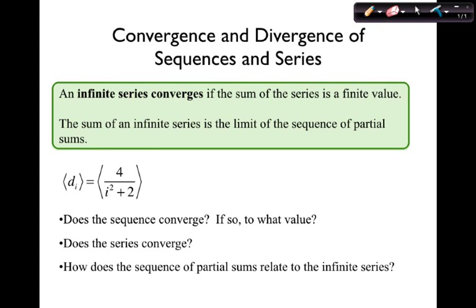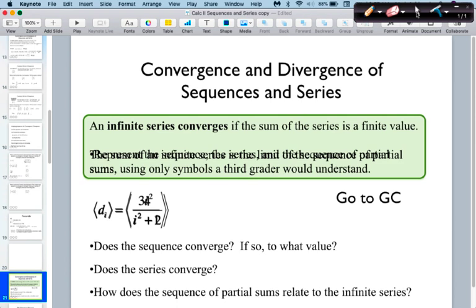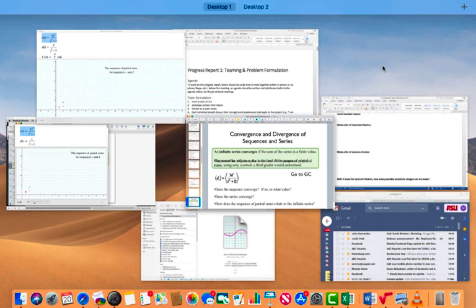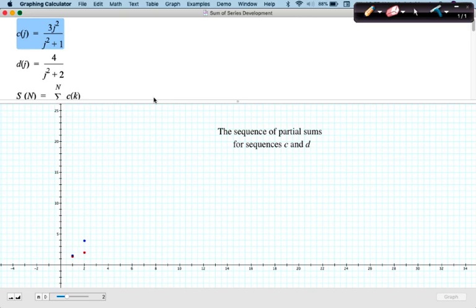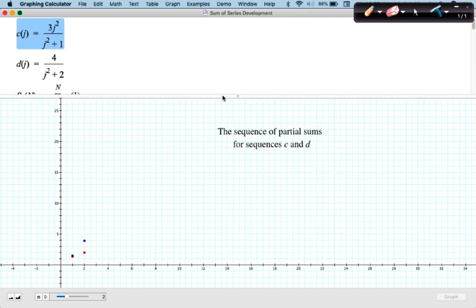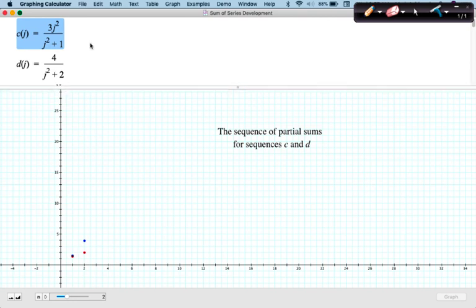So let me show you this in graph form. This can help. I'll show you a graph that illustrates this point for these two sequences, C and D. Here's that original C sequence and the D sequence.